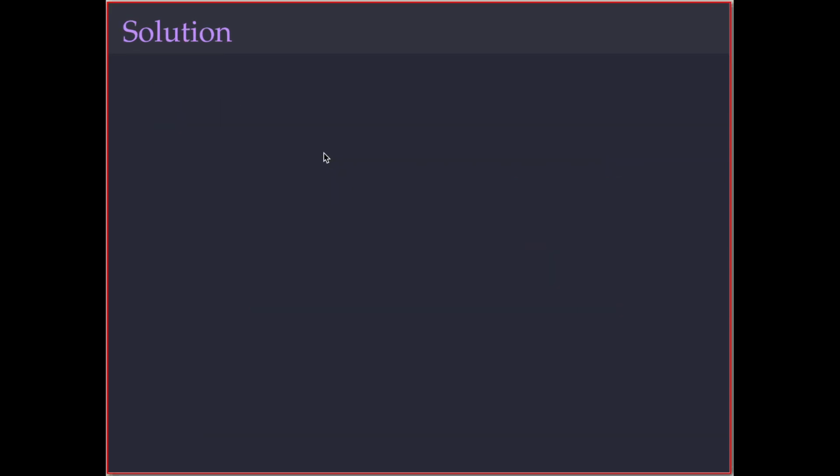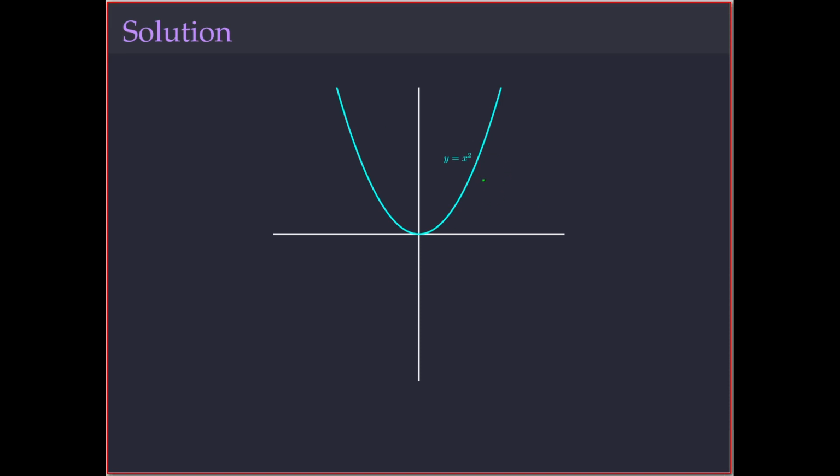Okay, so this is my x and y axis. I have plotted y equals x square, and I have plotted y equals cosine x between minus pi by 2 and pi by 2. Now how many times are they intersecting?